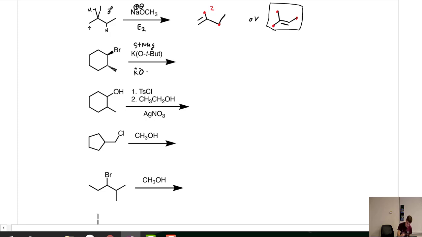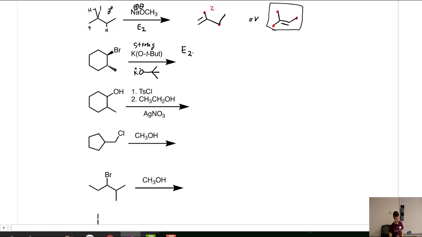So this will be minus, this will be plus. And sometimes they like to show it like that. It's got this giant parachute looking tail on it that's going to make it bulky, and bulky bases are generally going to do E2. They can do other things, but generally E2. This one's going to be E2, so I'll tell you that right now.